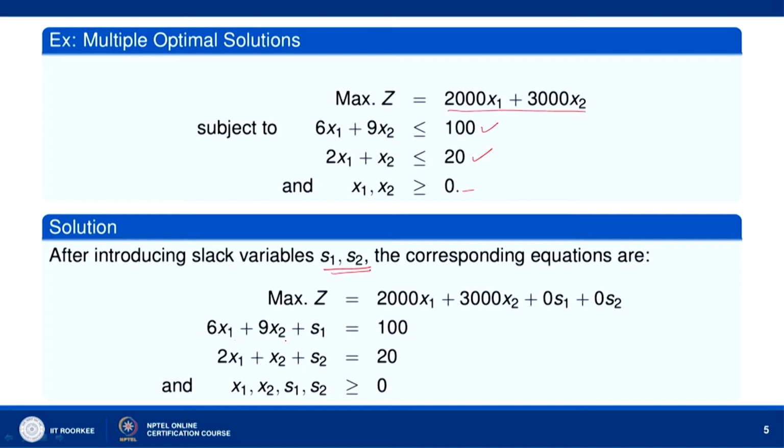So, 6 x1 plus 9 x2 plus s1 equal to 100, 2 x1 plus x2 plus s2 equal to 20, and in the objective function we take the coefficients of s1, s2 as zeros. So, maximize z equal to 2000 x1 plus 3000 x2 plus 0 s1 plus 0 s2, x1, x2, s1, s2 greater than or equal to 0.